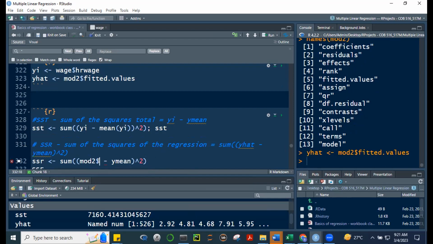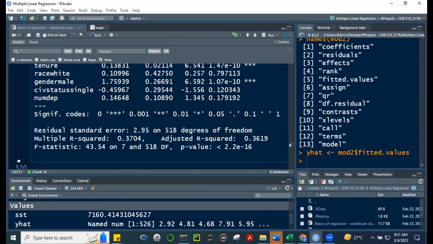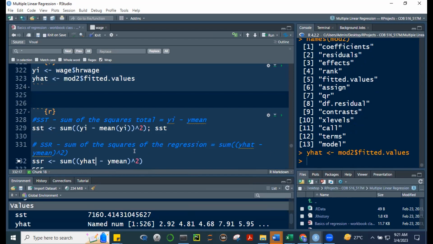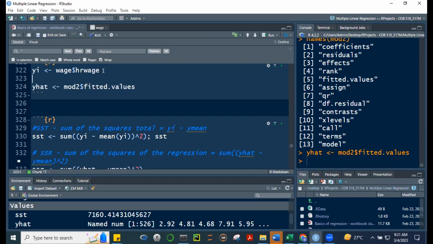So now, dito, it's my y hat minus yung average natin, y mean. Okay, mali ako dito. Dapat mean of y din to. No? Mas maganda sana kung nag-create na lang ako dito ng y mean, which is the mean of wage, pwede rin wage, hourly wage.